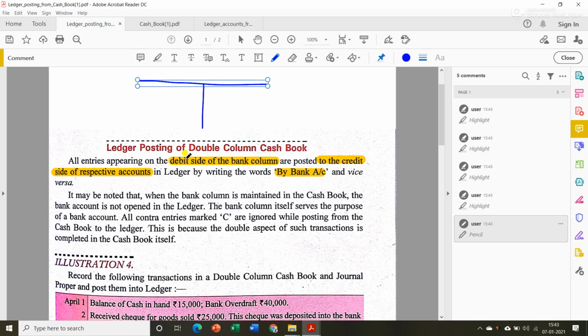Now in this sentence they are saying, if any amount, let's see, this is the cash column, this is the bank column.